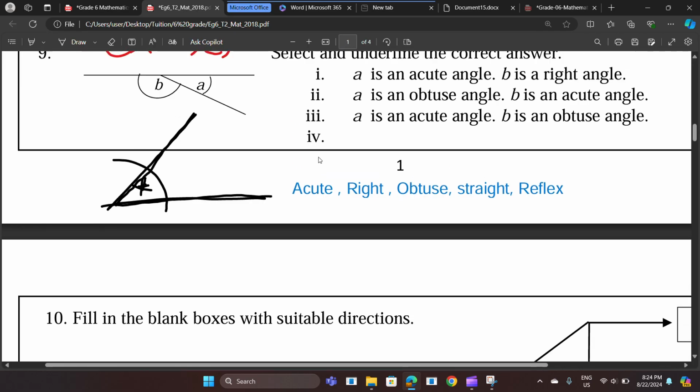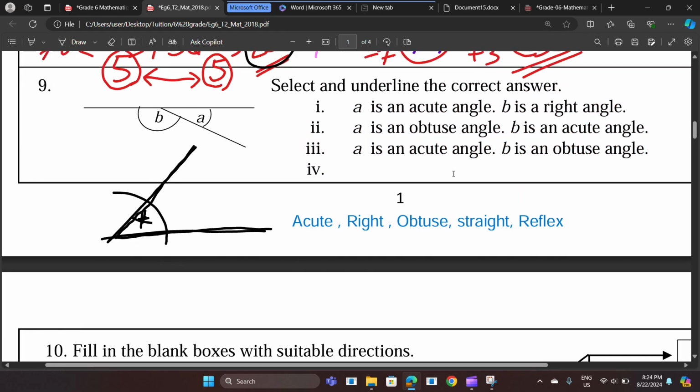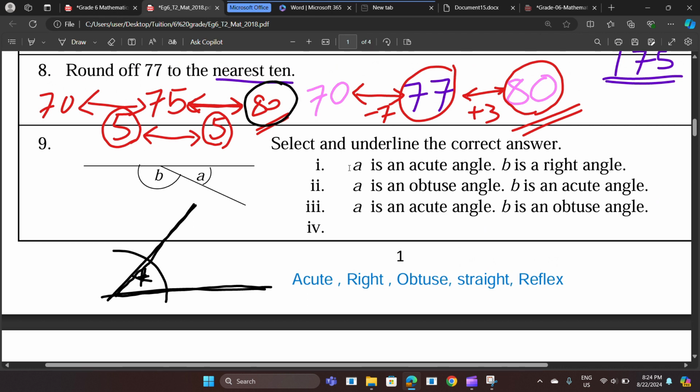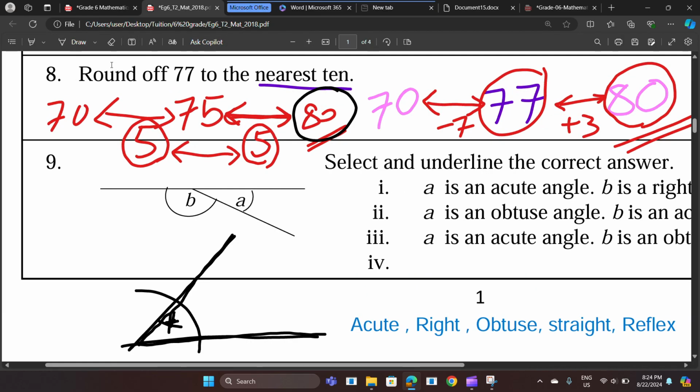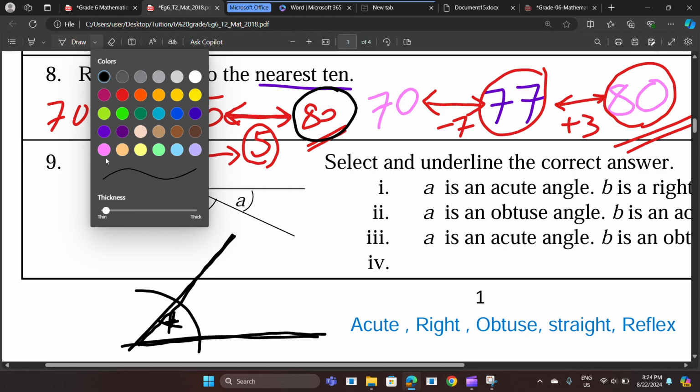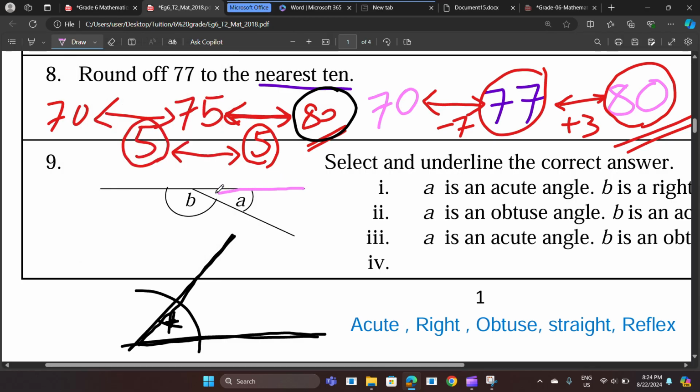I think the fourth sentence is missing here. Let's check. A is an acute angle. Is A an acute angle? Yes, it is. It is small in size, less than a right angle. So it is acute. It is correct.